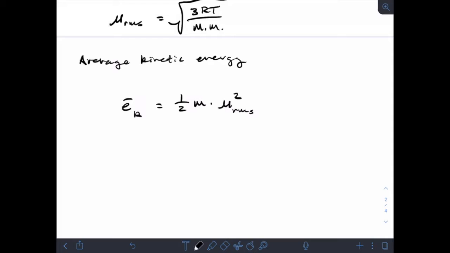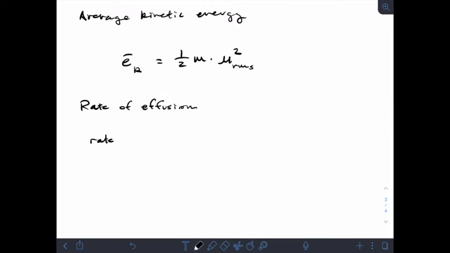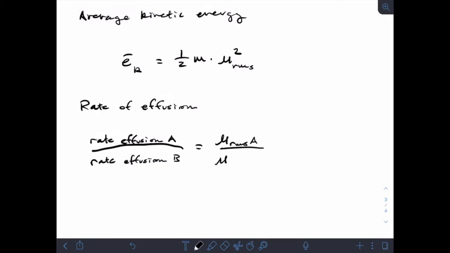The last equation that we have is to determine rates of effusion. The rate of effusion for gas A over the rate of effusion for gas B is related to their mu RMS for A divided by the mu RMS for B, which equals the square root of the molar mass of B over the molar mass of A. If you're confused about why that flips, it has to do with the way things rearrange and dividing by fractions.